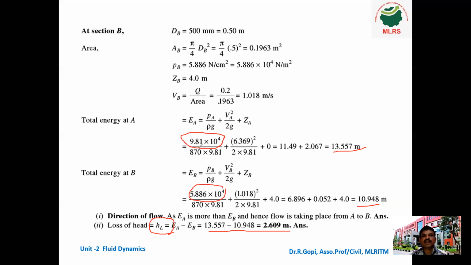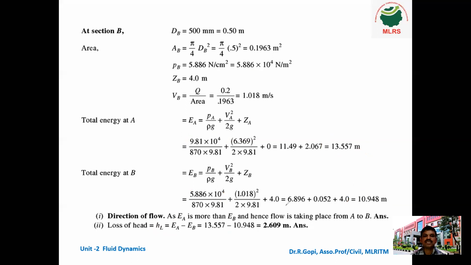So from this pressure, we can easily conclude flow takes place from A to B. The final answer also proves that. If pressure increases, the total head also increases. If pressure decreases, the total head also decreases. So from this, we can say that the direction of flow is from A to B. So this is the final answer.